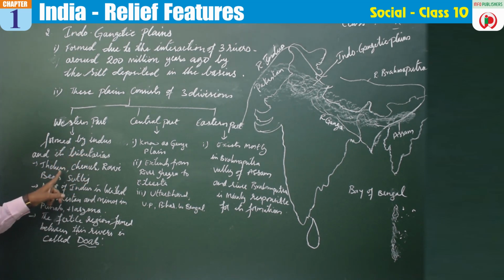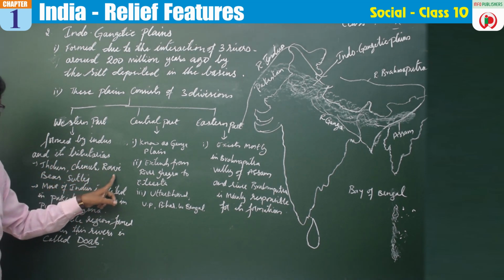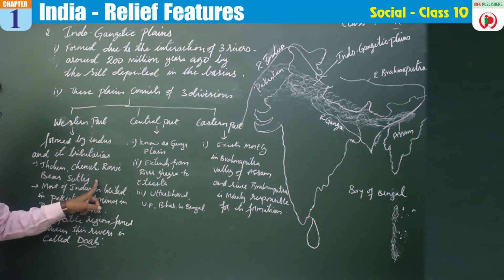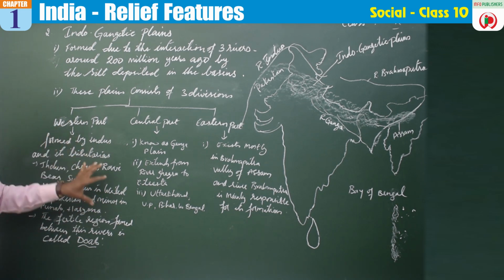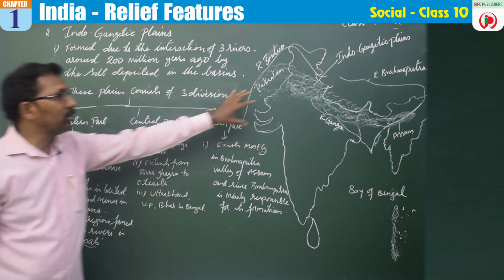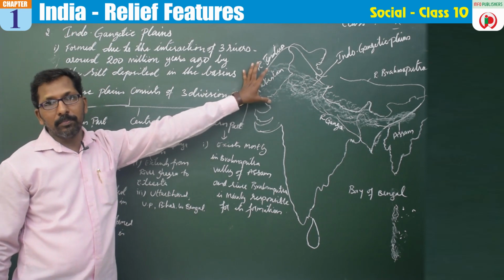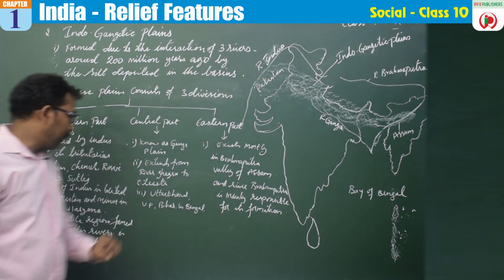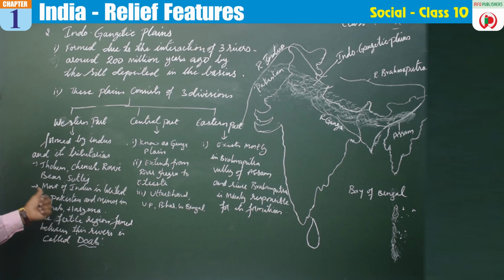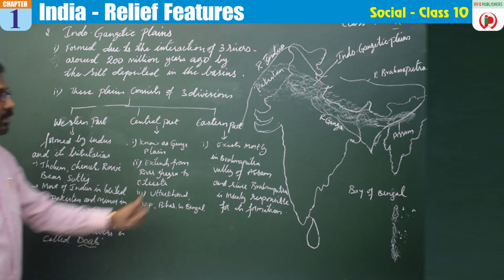What are the tributaries here? Jhelum, Chenab, Ravi, Beas, Satluj. Once again I will repeat it: Jhelum, Chenab, Ravi, Beas and Satluj. So these rivers led to the formation of the western part of the Indo-Gangetic plain. Most of the Indus is located in the Pakistan region.